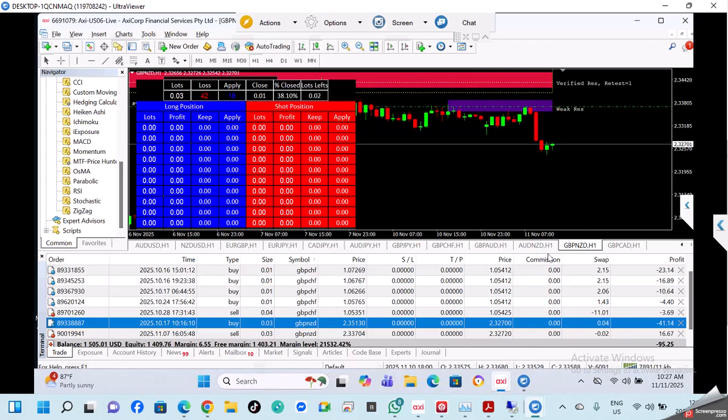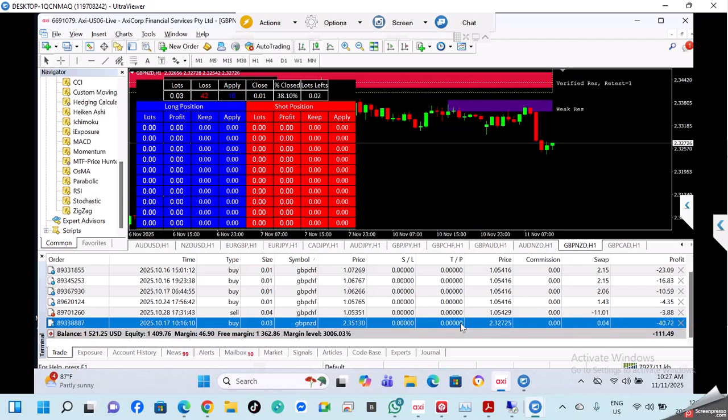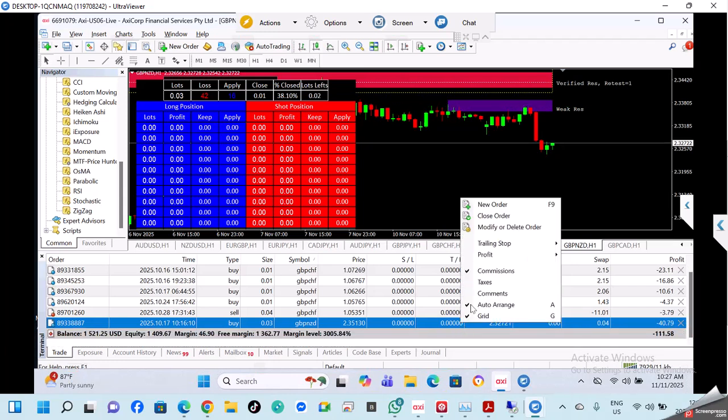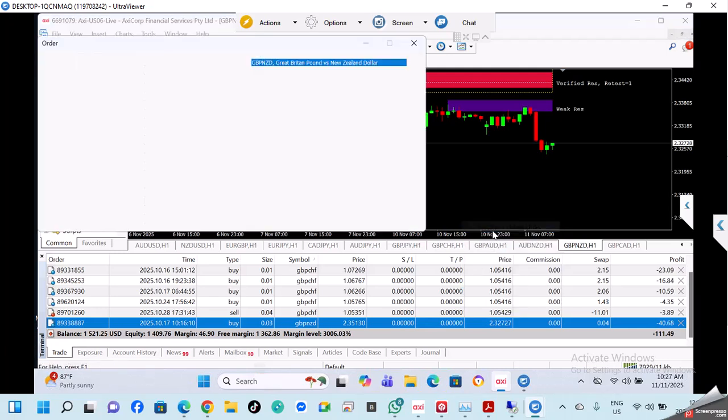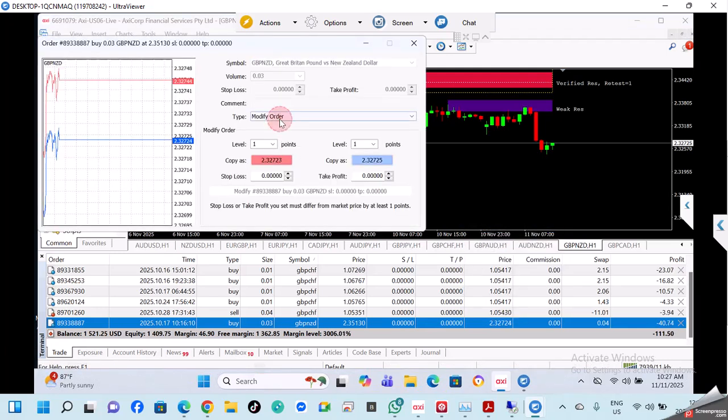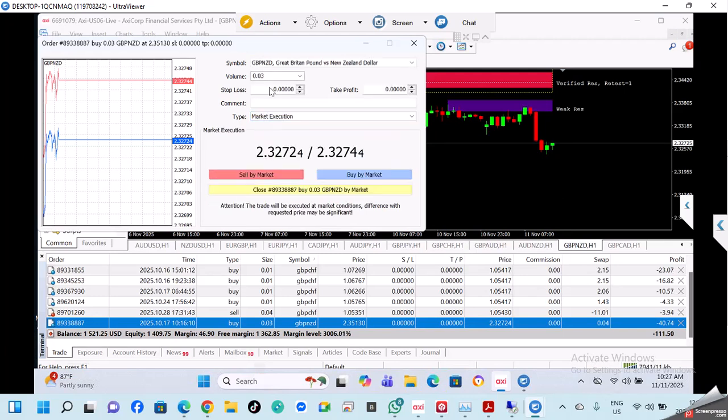But if we are already on 8, the market is dropping. The probability that this market will drop is very high. So what is here? Is it buy? That's a sell. I'll just say let's close this sell and remove the 0.01 here according to the calculator.